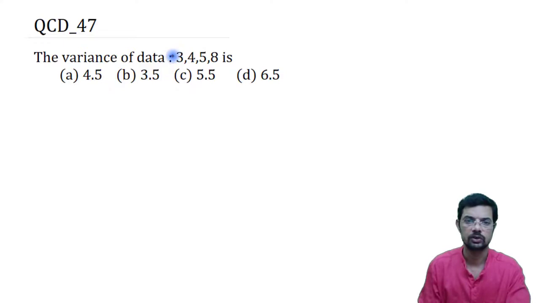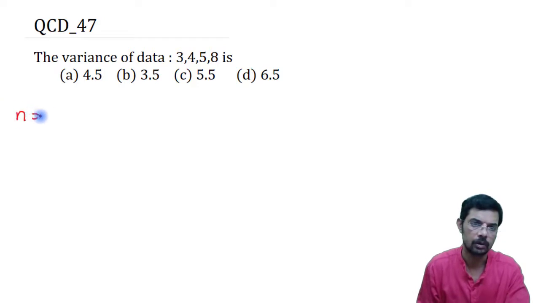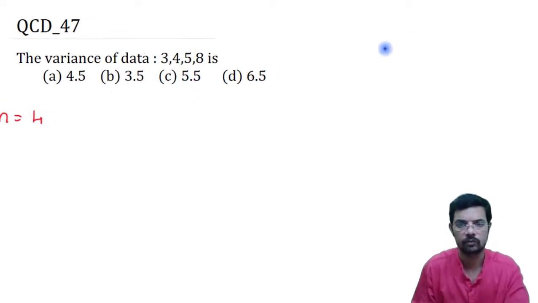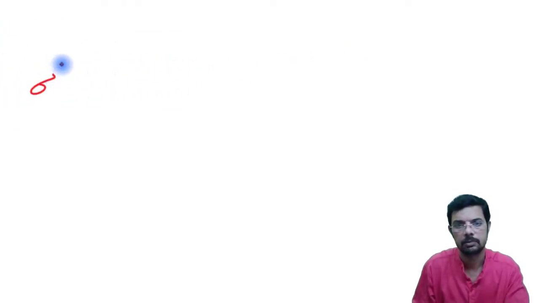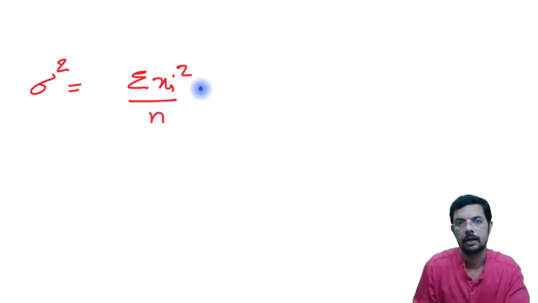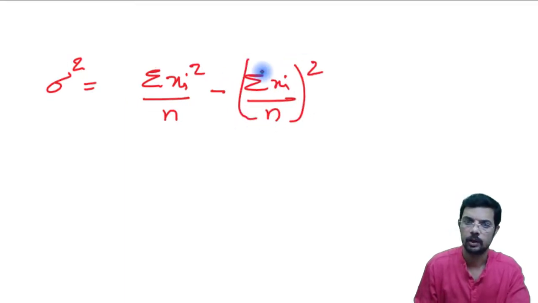Next question, question number 47. Let us find the variance of the following data: 3, 4, 5, 8. So there are 4 observations, N is equal to 4. What is the formula to find the variance? Sigma square is equal to sigma xi square by n minus (sigma xi divided by n) whole square.